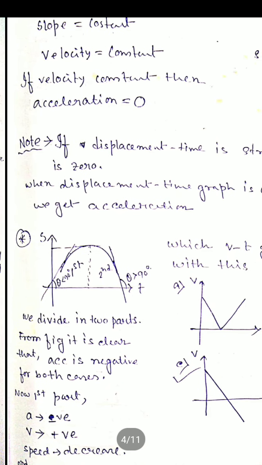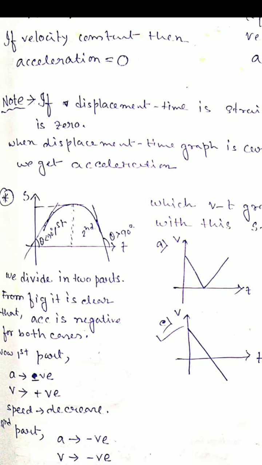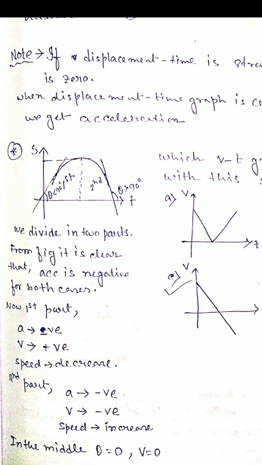Okay. So in the first part, acceleration is negative, velocity is positive, so both have opposite signs. What happens? Speed decreases. In the middle part, theta 0, velocity 0, no acceleration.